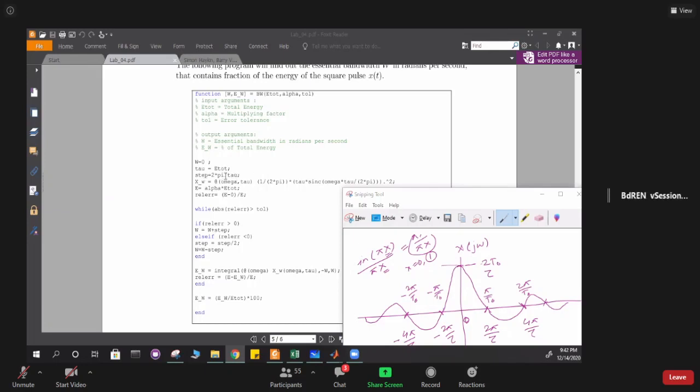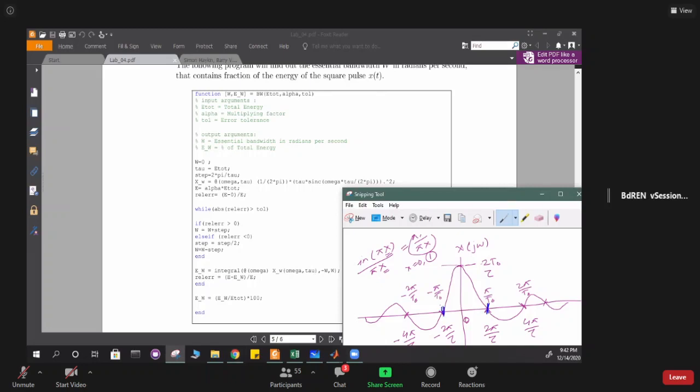Is there any reason why you are taking twice pi by tau? I think that's the maximum in the main lobe. Sorry, here it is twice pi by tau. Yes, sir. So from here to here.